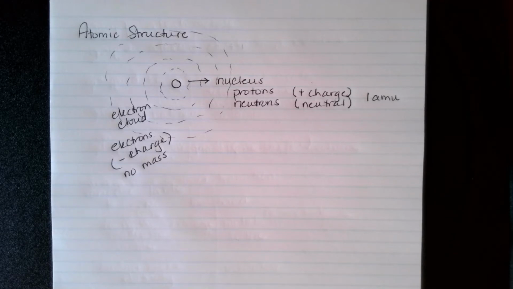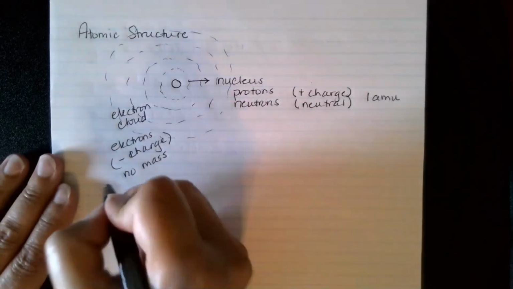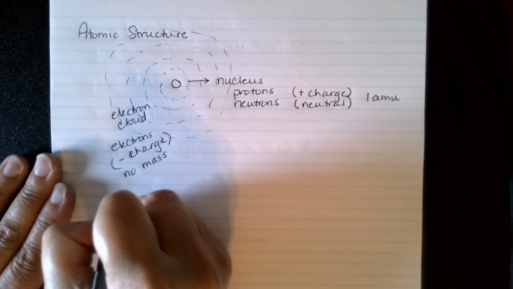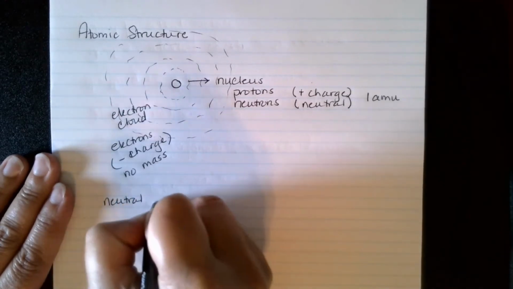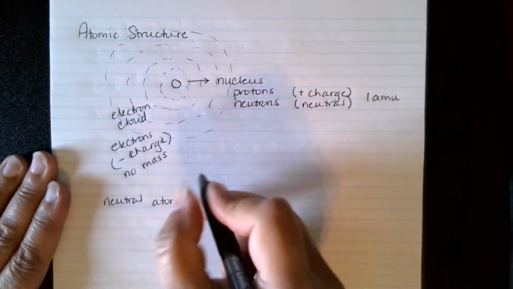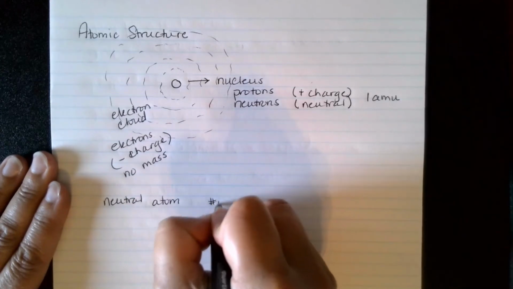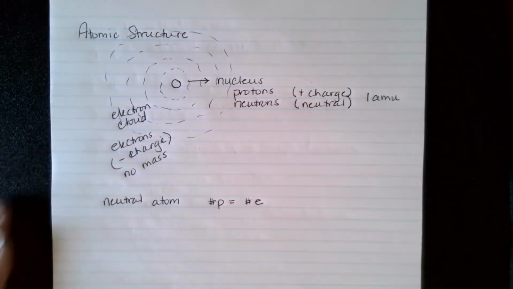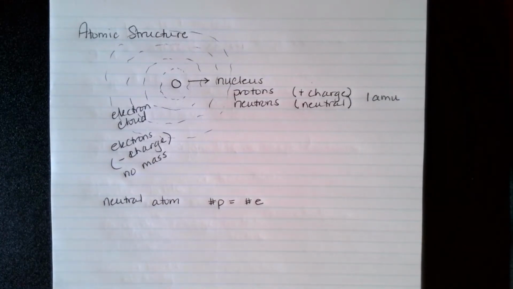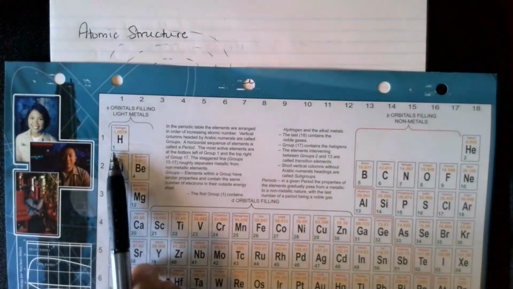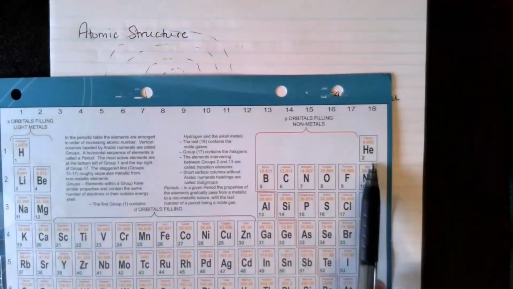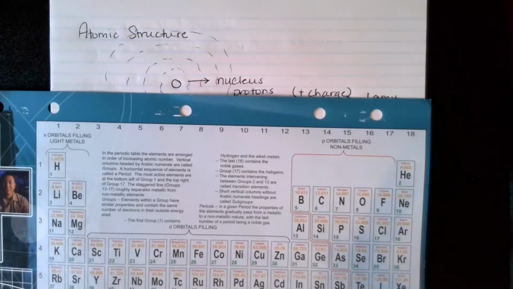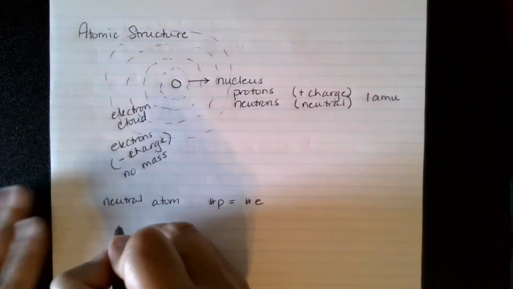Alright, so if we have a neutral atom, then we have the same number of protons as we do electrons. If we look at the periodic table, it is arranged according to atomic number. These whole numbers like 1, 2, 3, 4, 5, 6, 7, 8, 9, 10, those whole numbers are the atomic number.